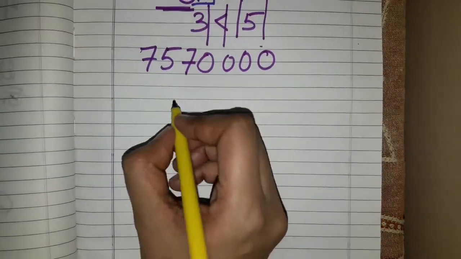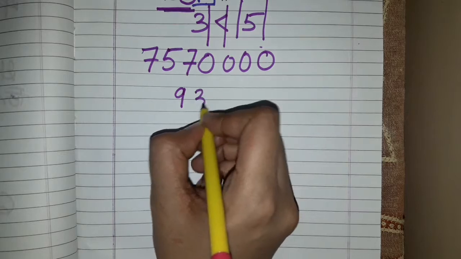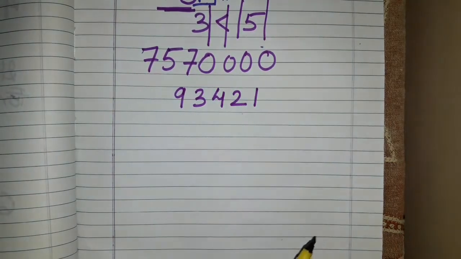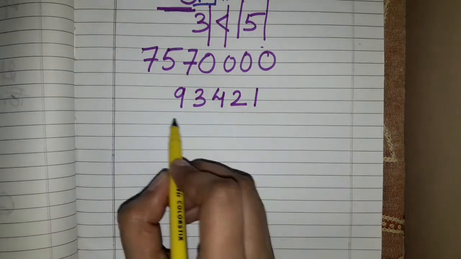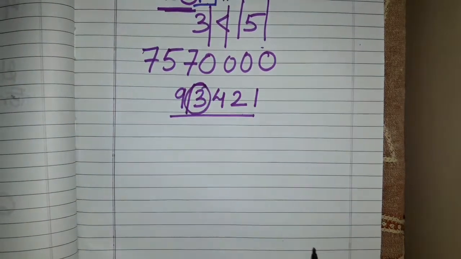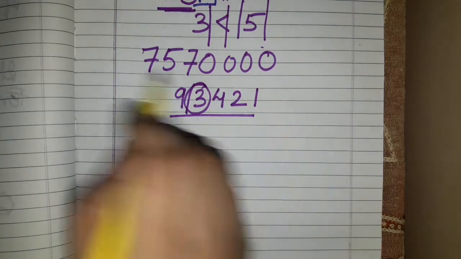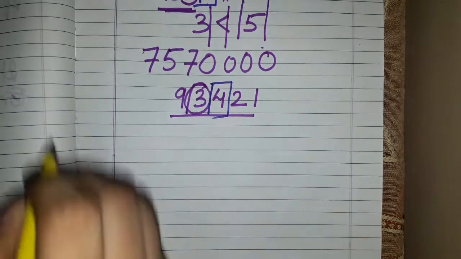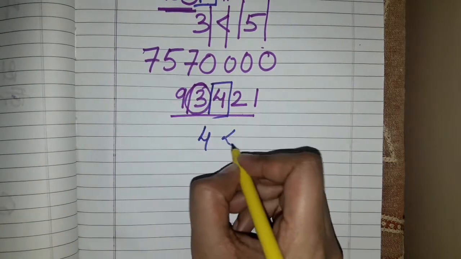Let's take one more example. Now suppose the number is 93421, and the question is to round off this number to nearest 1000 place. Now what will I do? I will look at the digit which is on the right hand side. The right hand side digit is 4, which is less than 5.